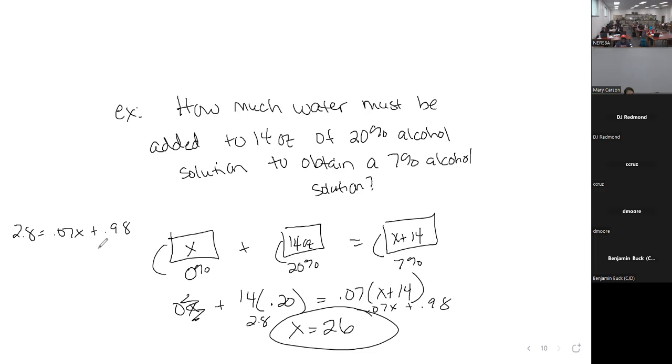So what we would do is move this over, 2.8 minus 0.98. That's 1.82 equals 0.07x, and then the last thing is divide, and you get 26.